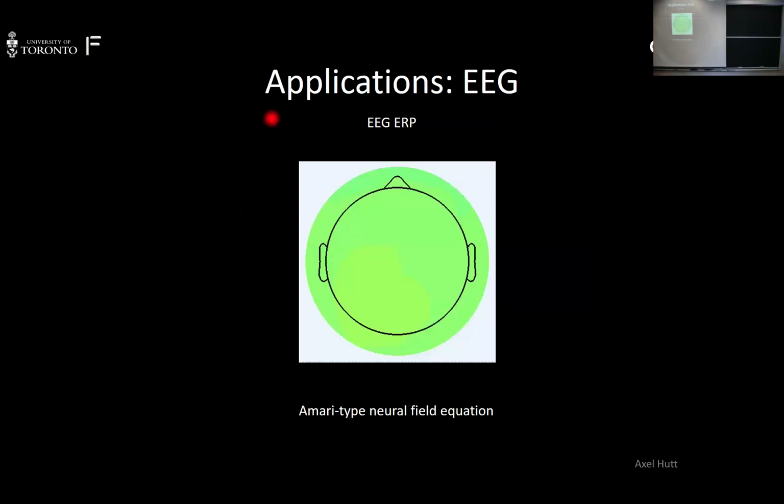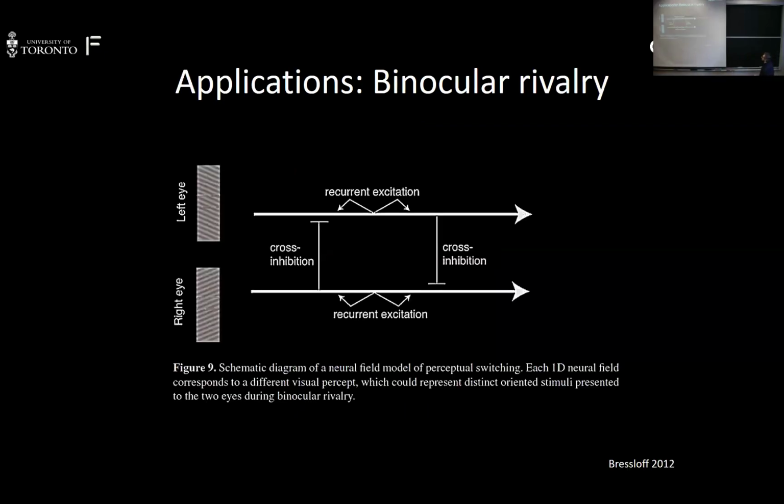I want to talk about some applications and what kinds of things we see in data, and concepts in neuroscience where some of these neural field ideas apply. There are more than what we're going to talk about here, but these are just some examples. So one is perceptual switching.